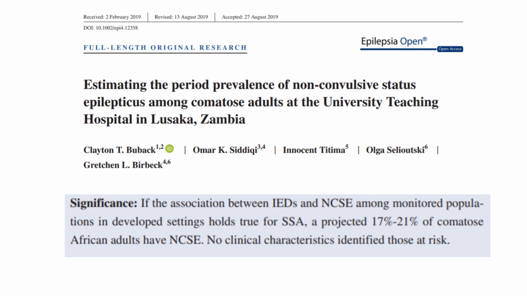What they found was that actually 20% of those patients on our medical wards at UTH with a GCS of 9 or less had suggestions of non-convulsive status on their EEG. So this is a highly prevalent condition in our setting, one that we can treat and that can make a huge difference in patient outcomes. So it's something we need to think about, especially in the inpatient setting.